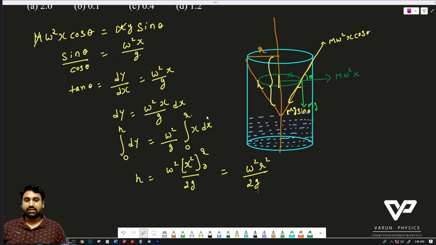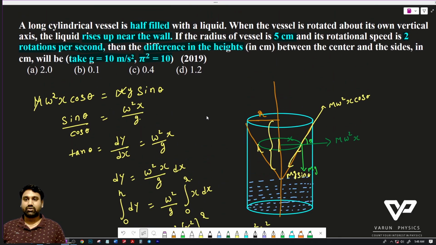So here, instead of omega, he has given 2 rotations per second. But we know that omega is equal to 2 pi f, where f is equal to 2 rotations per second, that is equal to 4 pi radian per second, because 2 twos are 4 pi. And next, g value he has given as 10 meters per second square, and this distance r is equal to 5 into 10 to the power of minus 2.